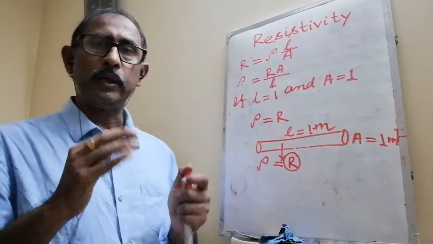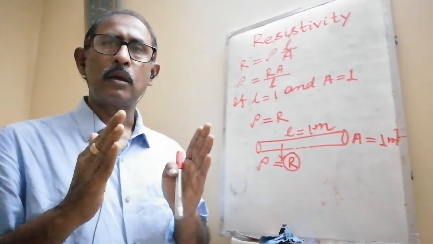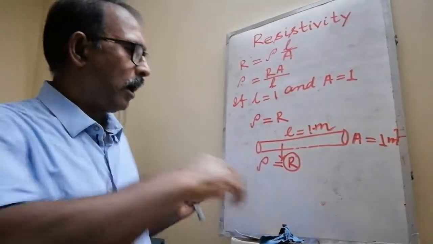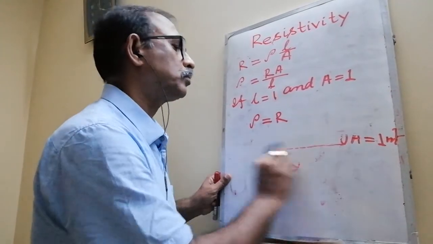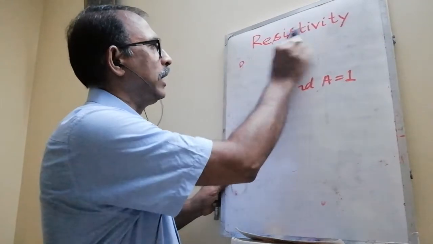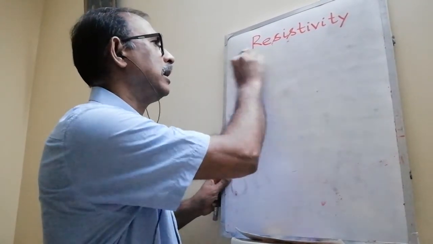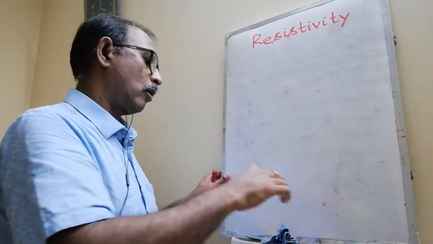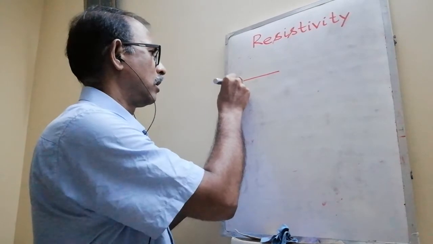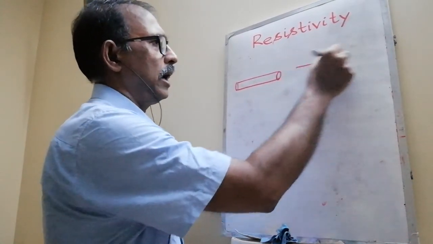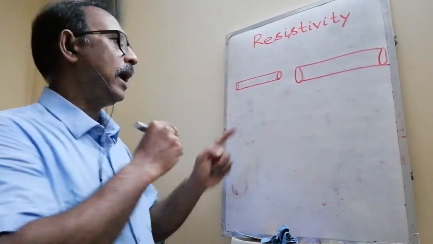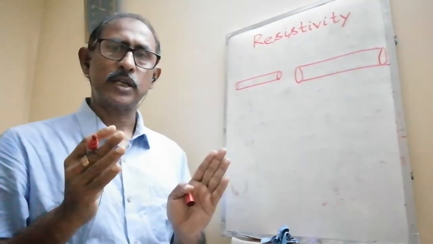Now, resistivity is always applicable for the material of the conductor. Take one example. Say two conductors, both made of the same material, copper, having different length and different cross section.